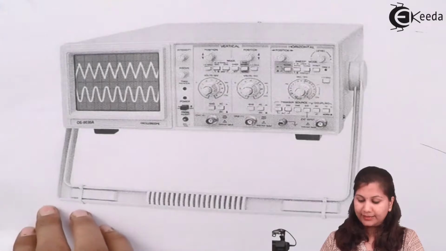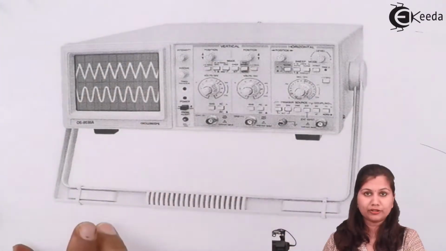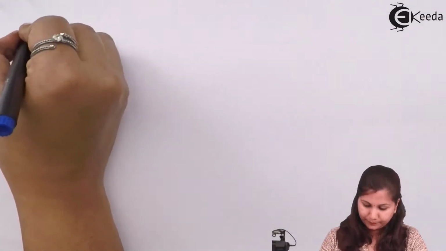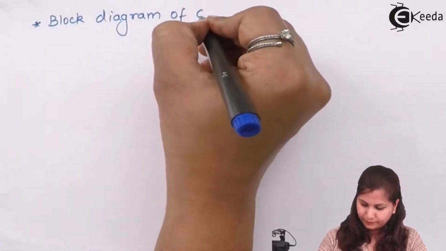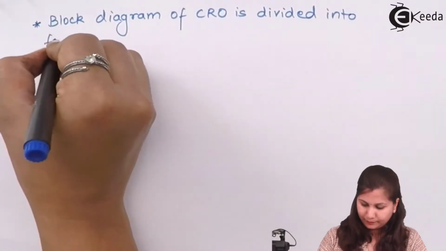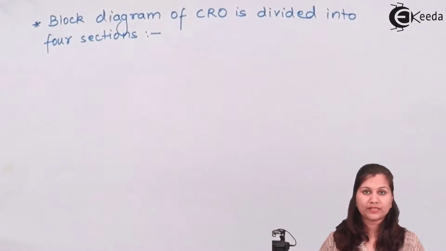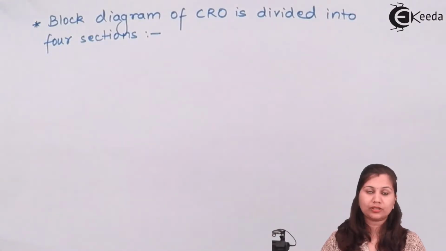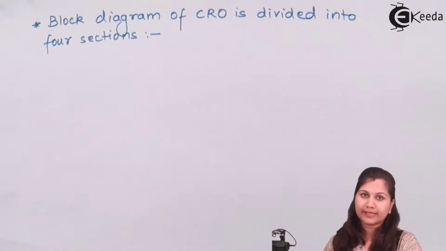So if we draw the block diagram representing all these functional units, we can divide it into 4 sections. These 4 sections are the display section, vertical controllers, horizontal controllers and trigger section.